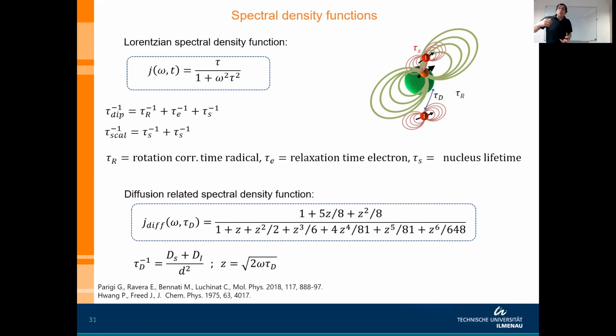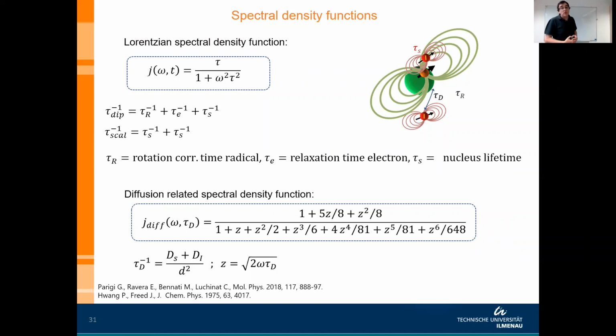But all these are modulated by the dynamics in the system. The dynamics can be described here by rotation of the molecules themselves, and by the molecules approaching each other relatively. This is described by this diffusional spectral density function, and the rotation by the Lorentzian one.